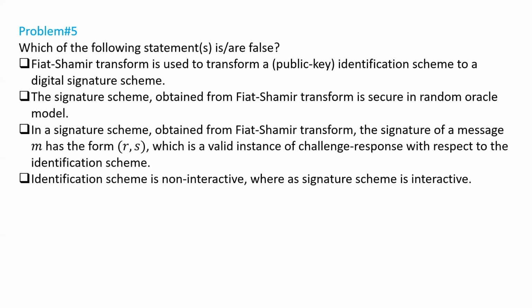So in the identification scheme, the verifier would compute the commitment I by running the verification algorithm with the verification key, right? Here also the same thing happens. It computes the value of the commitment I, but the value of I is not available to it publicly.